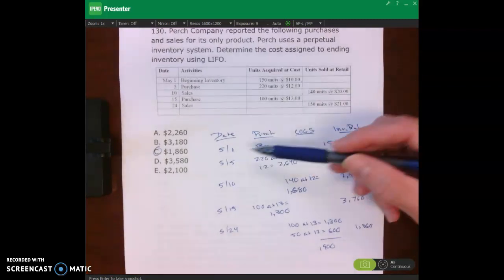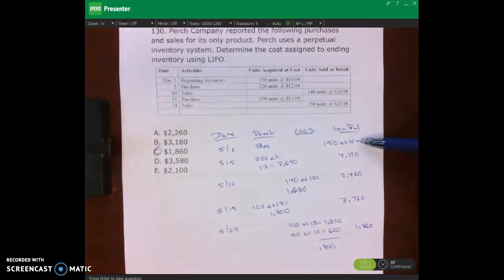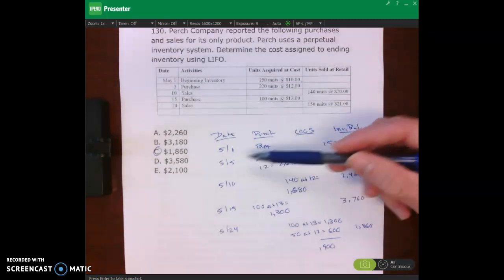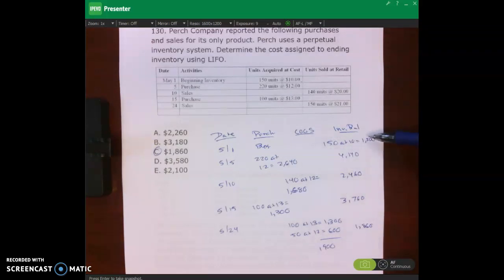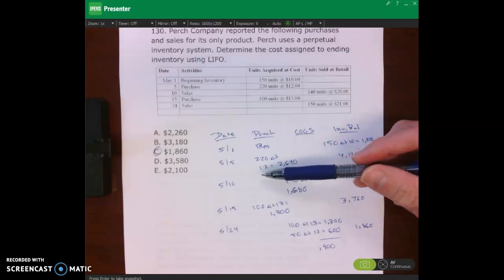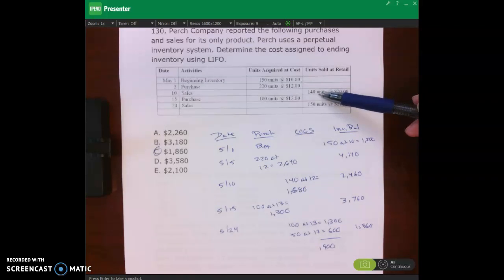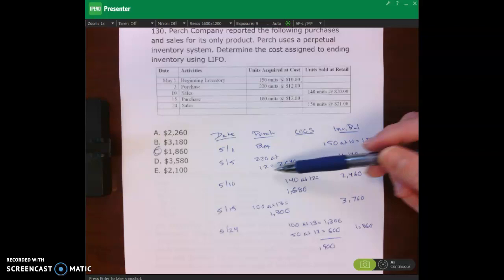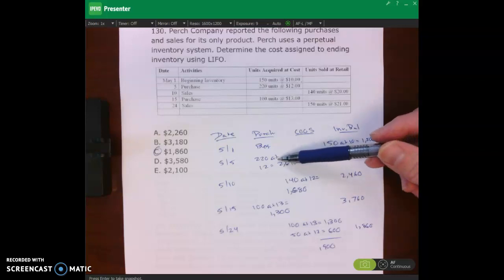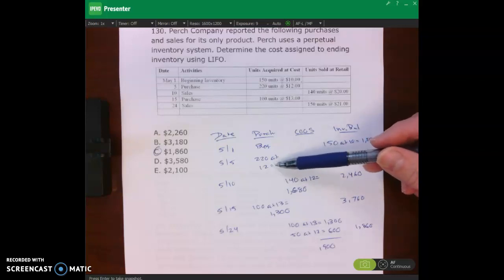On date 5/1, beginning inventory 150 at 10, 1,500. On the 5th, we bought another 220 at 12. That's a total cost of 2,640, plus the 1,500 gives us a total inventory balance on the 5th of 4,140. On the 10th, we sold 140 units. Now, which cost did we sell them at, the 10 or the 12? Well, we're assuming that the newest inventory is the one that we sell first.